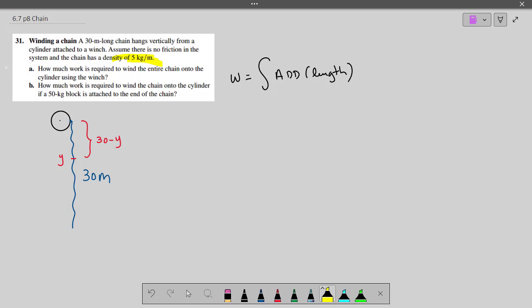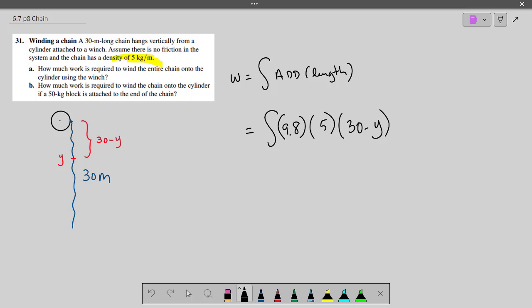So we can fill in our blanks. 9.8, acceleration due to gravity, multiplied by the density, which is given to be 5, multiplied by the distance traveled by our cross-section. So there's our ADD. ADD.